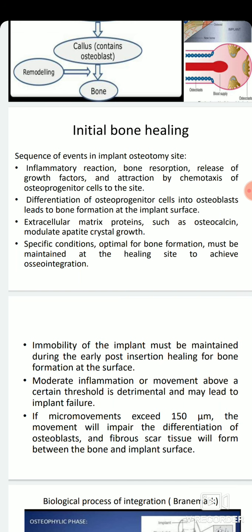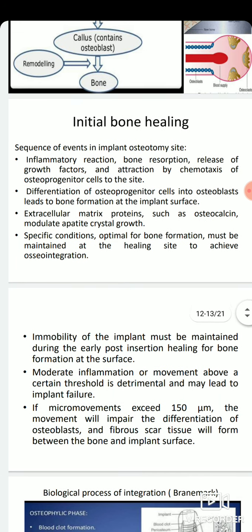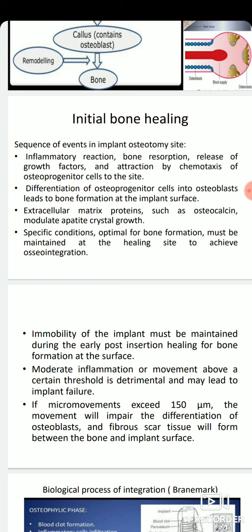Along with this, extracellular matrix proteins such as osteocalcin, which modulate hydroxyapatite crystal growth, help in the mineralization process. In specific conditions, optimal bone formation must be maintained at the healing site to achieve osseointegration.